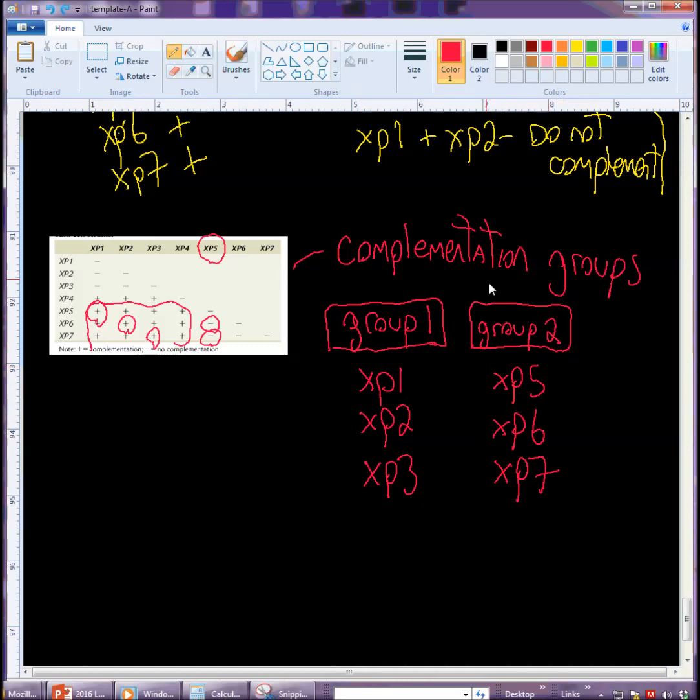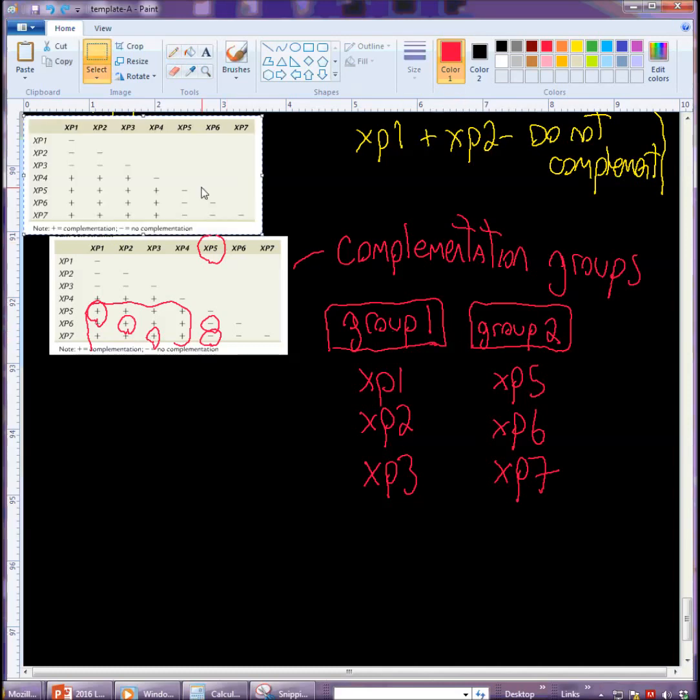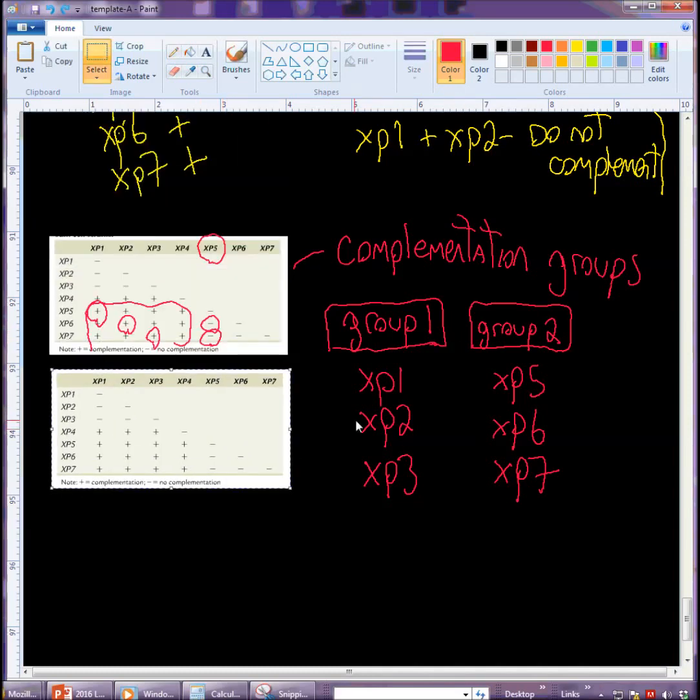So if the genes are in different complementation groups, when you combine those, they will perform unscheduled DNA synthesis. For example, let's take a look at XP1 and XP5. So XP1 here with XP5, yes, okay, it does perform unscheduled DNA synthesis, as we would expect, because they're in different complementation groups.